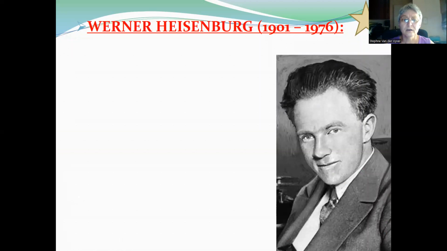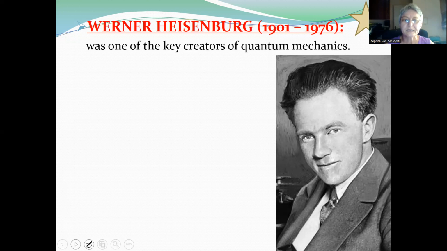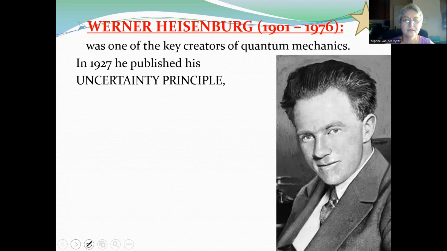Next guy is Werner Heisenberg. He was another quantum physicist. He played a very key role, and he came upon the uncertainty principle. I actually mentioned that earlier. It's when if you know the place or the position of, for example, an electron, you wouldn't know how fast it is going.